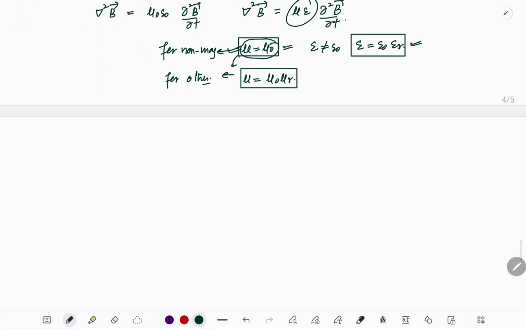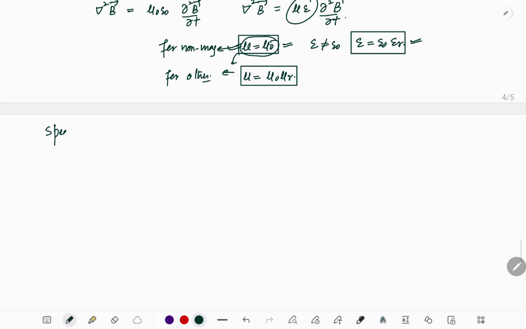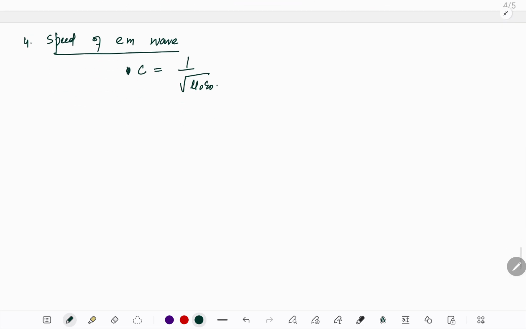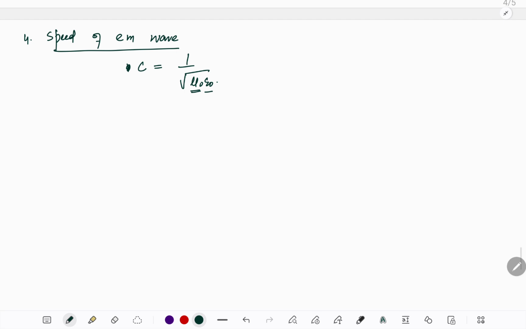And what is the concept of speed? Now, what is the speed of an electromagnetic wave? Fourth part is the speed of EM wave. In free space, c was the speed of the wave, which was given by 1 over root of mu 0 epsilon 0. But here we don't have mu 0 epsilon 0, but rather mu and epsilon, so c is 1 over root of mu into epsilon. But what is mu?